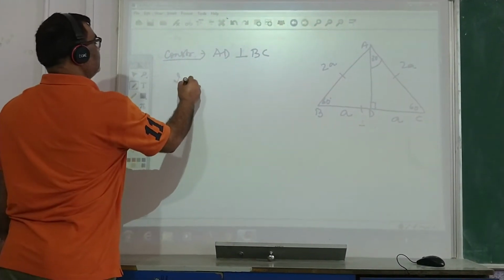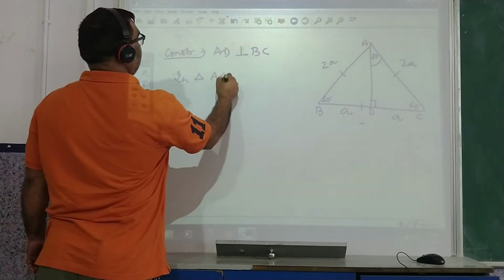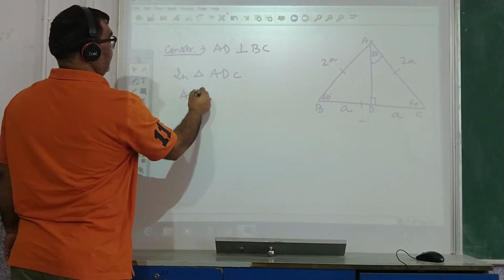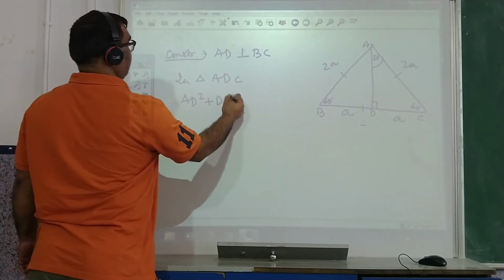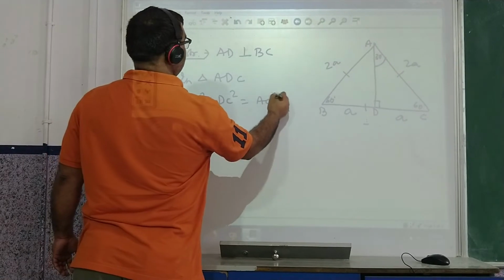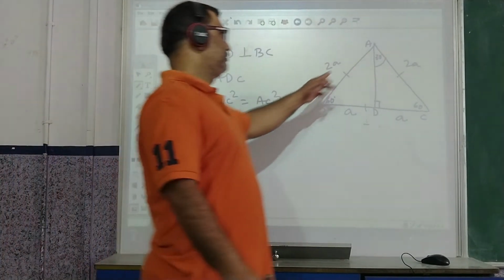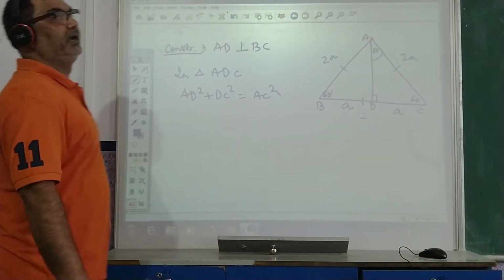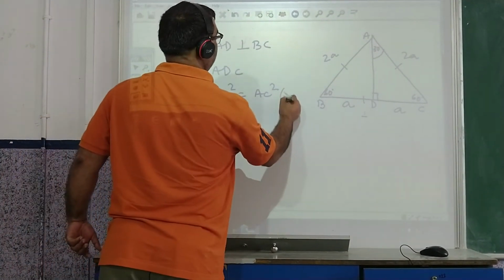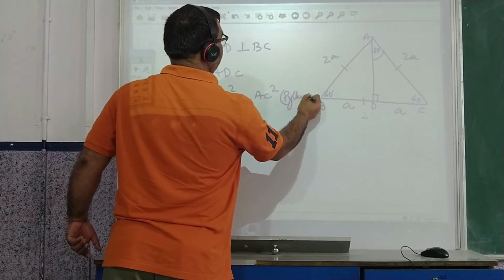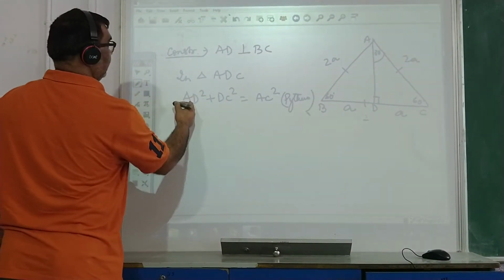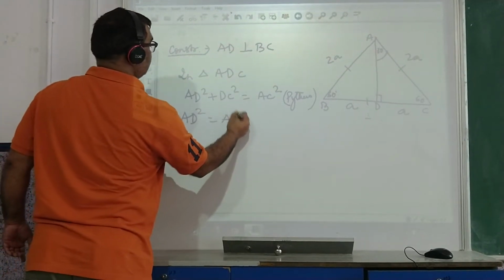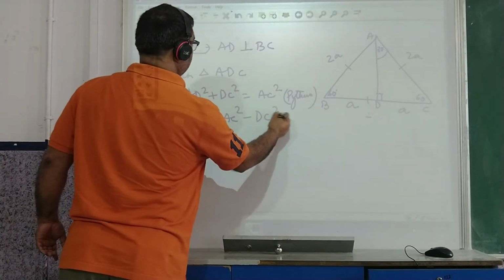For example, suppose I am writing in triangle ADC, AD square plus DC square is equal to AC square by Pythagoras theorem. So, AD square is equal to AC square minus DC square.